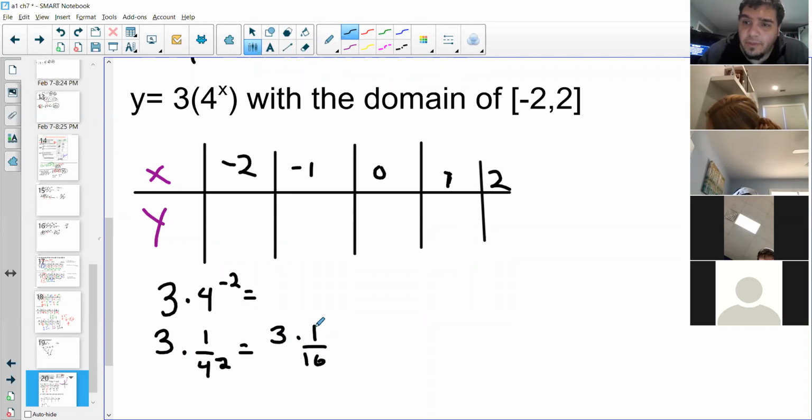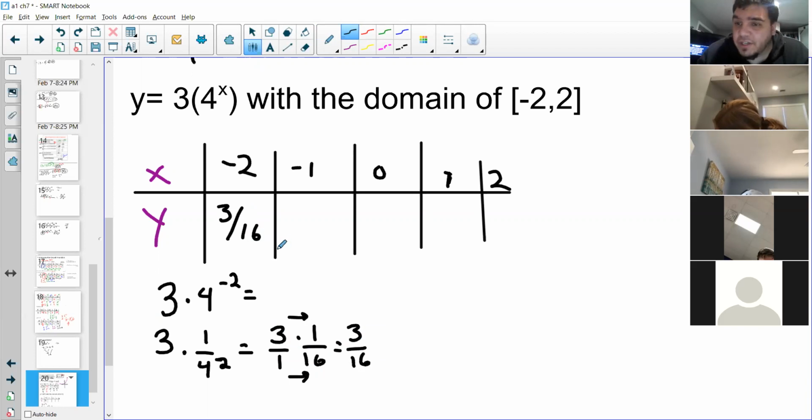When I'm multiplying two things like that, I can make the whole number into a fraction and then multiply straight through, which means my final fraction is 3 over 16. If you want to change that to a decimal, it should be about 0.1875, something along those lines.